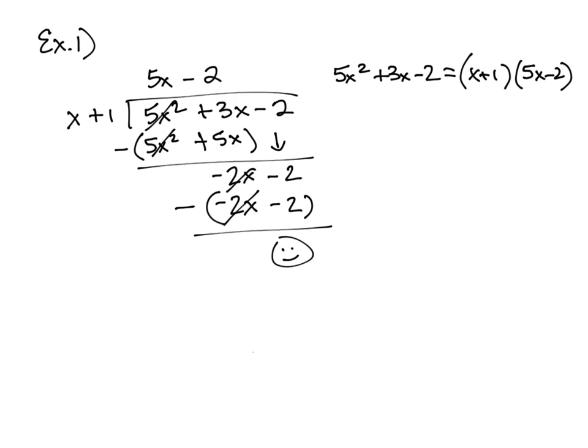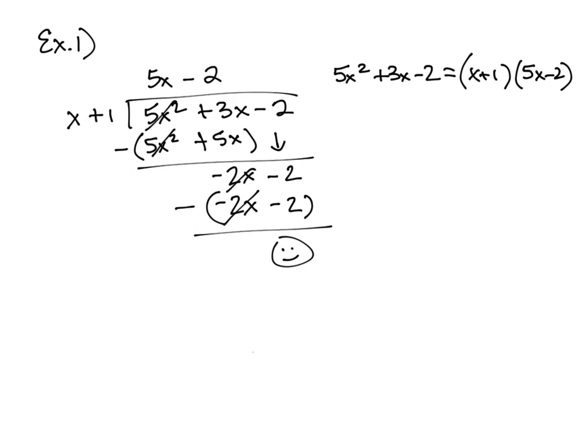How could we check our answer here? Distribute, FOIL. If you FOIL it, you should get the left side. Sometimes we run into situations where we know it wouldn't factor, and so this is an option. If you know one of the factors, you can divide your polynomial by it to get the other factor.